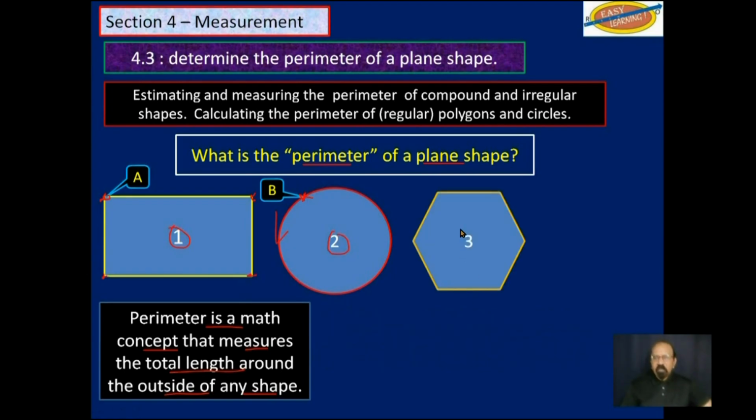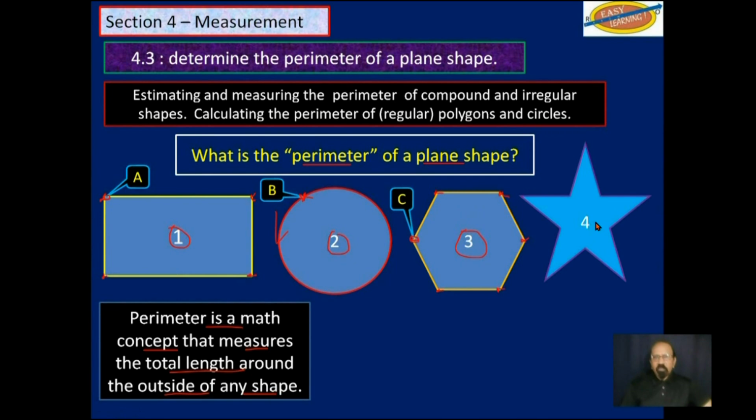If you take a six-sided shape like this, and you begin at any point, let us begin at C, you go up to that point, come across to the right here, come down here, go down there, and then come across here and go up back to where you began. If you were to measure that distance, that will be the perimeter, the distance around.